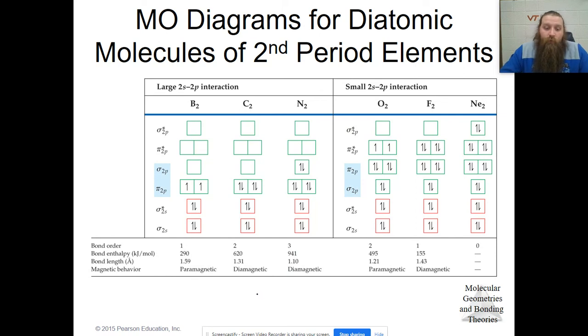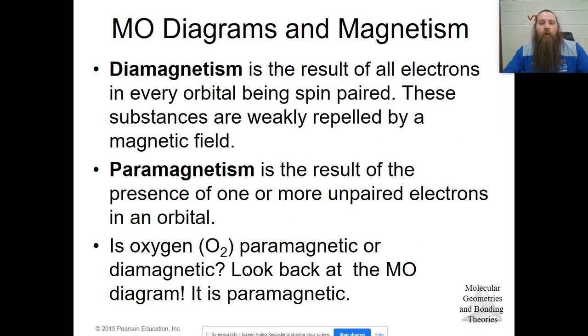All right. Now, something else that's interesting that comes from the molecular orbital diagrams is paramagnetic and diamagnetic properties. Diamagnetism is when all of the electrons in your orbitals are spin paired. They are weakly repelled by a magnetic field. Paramagnetism is when you have one or more unpaired electrons in an orbital. So what if we asked a question, like, is oxygen paramagnetic?